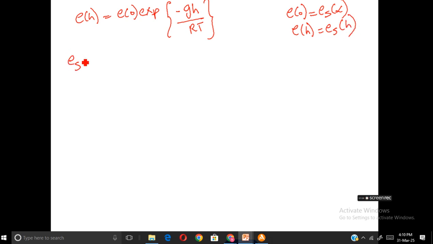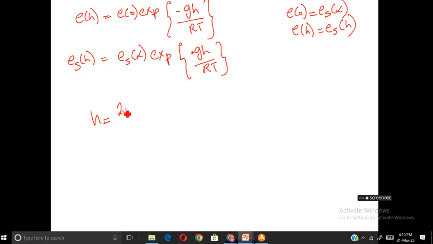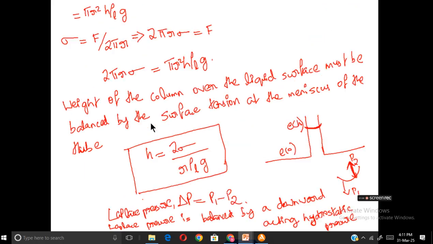So we can write Es of h is equal to Es of infinity into exponential minus gh by RT. We know h is equal to 2 sigma by rho L g into R. That's what we found out first, the height. Height we found initially as h is equal to 2 sigma by R rho L into g.